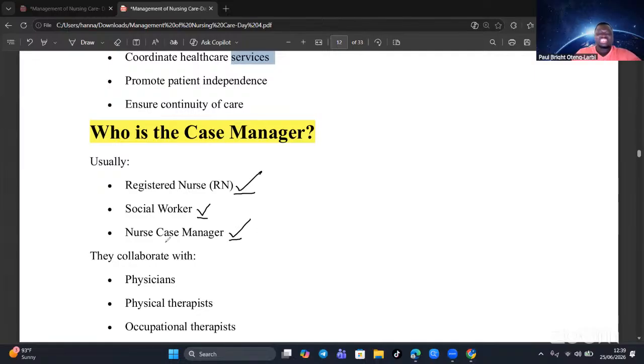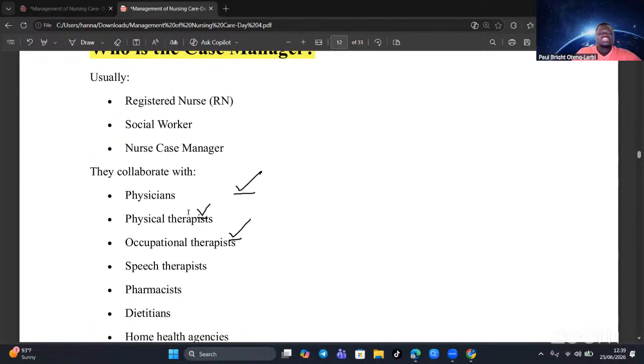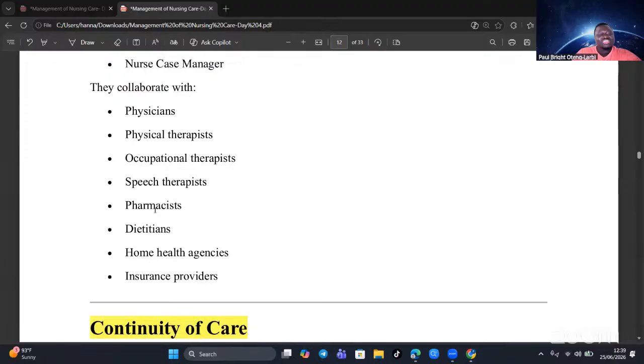So what do case managers do? They collaborate with all these health workers: home health care, insurance providers, dietitians, pharmacists, speech therapists, occupational therapists, plenty. Think about any health worker you know. The case manager knows them and has their numbers.